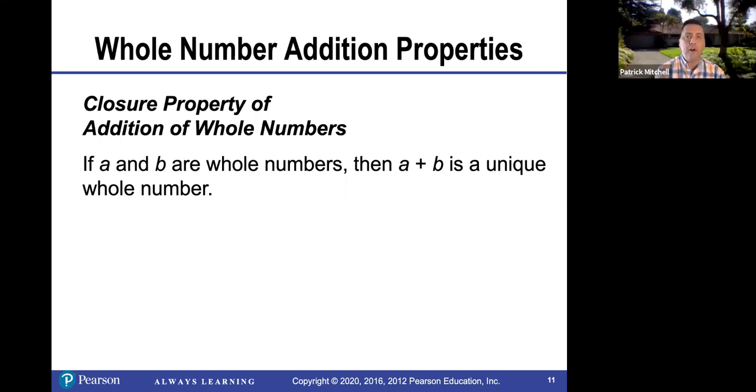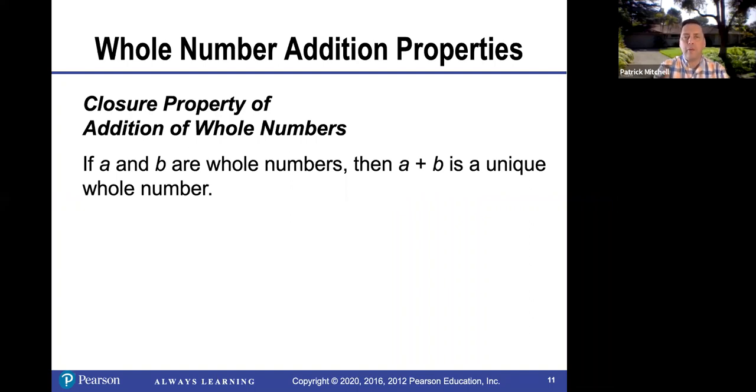Subtraction of whole numbers does not have the closure property. So for example, 2 and 5 are both whole numbers, but 2 minus 5 is not a whole number, right? 2 minus 5 is -3. -3 is an integer. It is not a whole number. But when you add two whole numbers, you always get a whole number, and you always get one specific whole number, right?